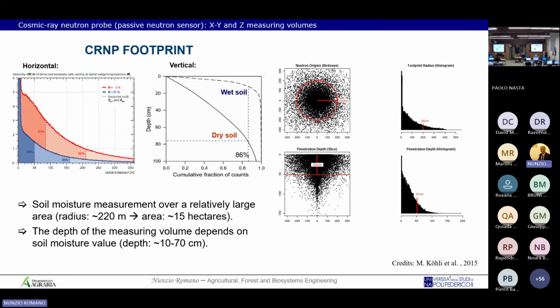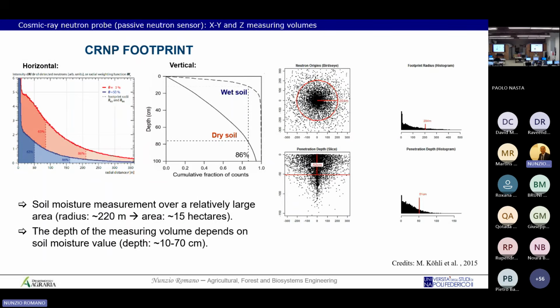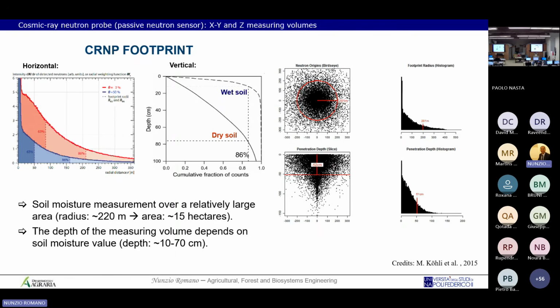But again, I will start the animation again. You can see even the penetration depth, which gives you an idea of the average depth where there is the most concentration of the fast and epithermal neutrons. It's about, in this case, 52 centimeters below the soil surface.